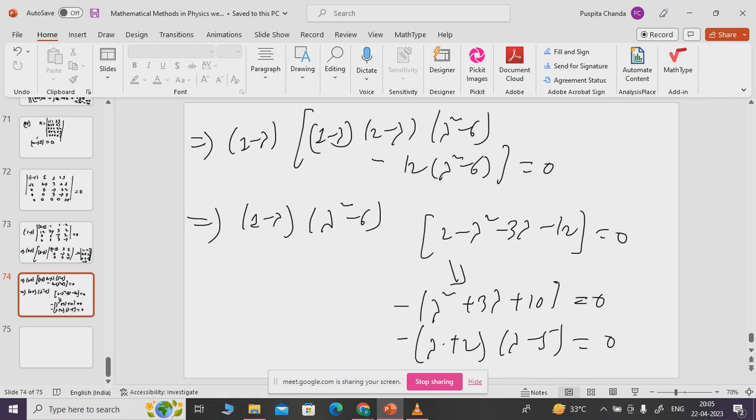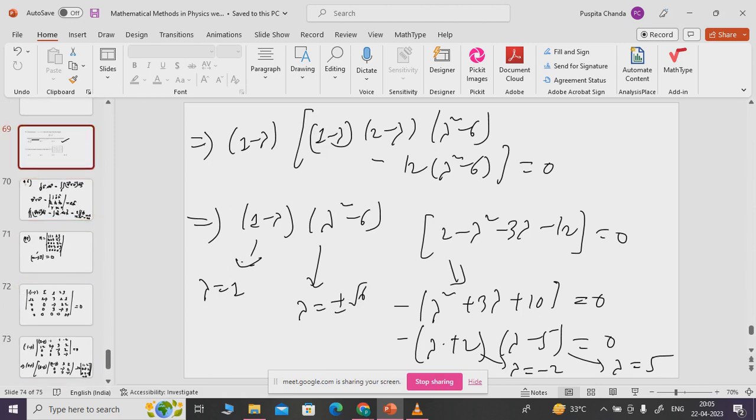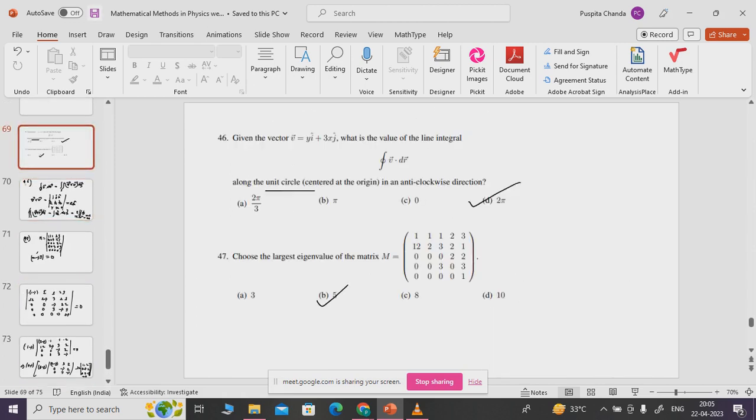From that we get lambda plus 2 into lambda minus 5 is equal to 0. Here we get lambda is equal to 1. From here we get lambda is equal to plus minus root 6. From lambda minus 2, lambda is equal to 5. So 5 is the greatest eigenvalue.